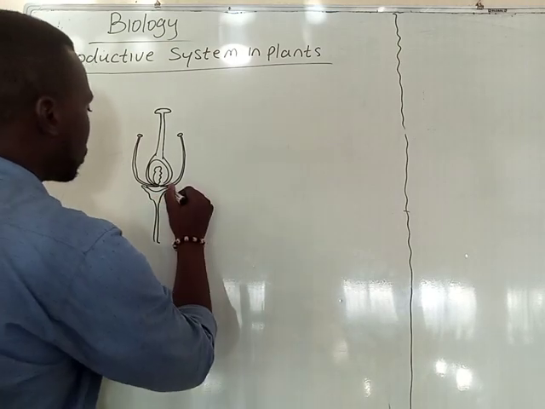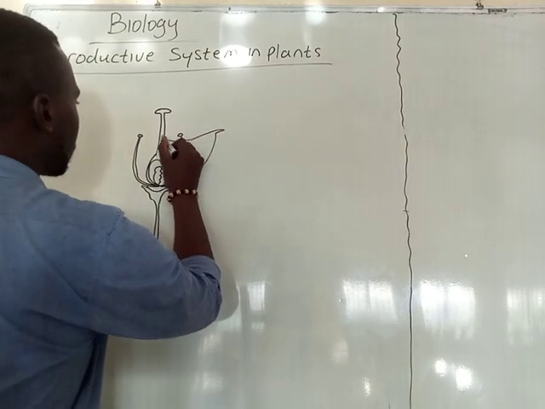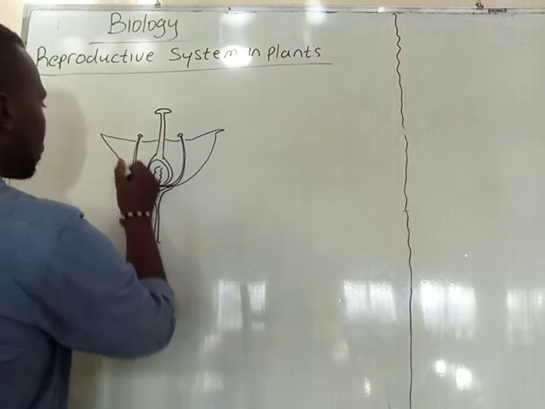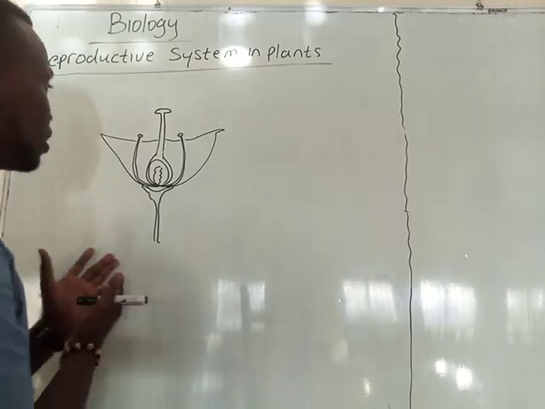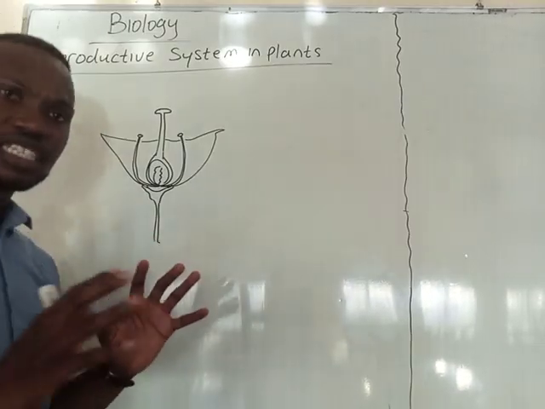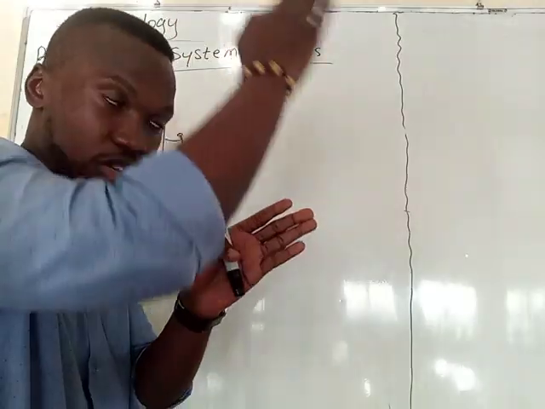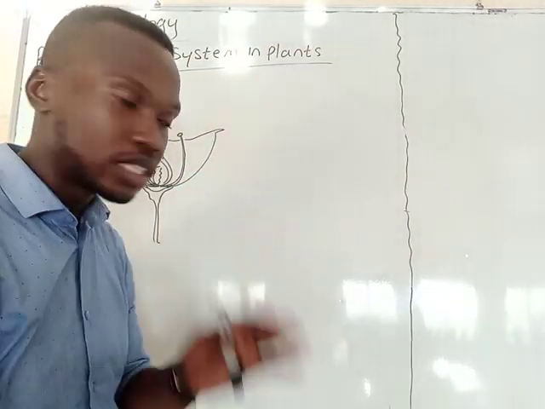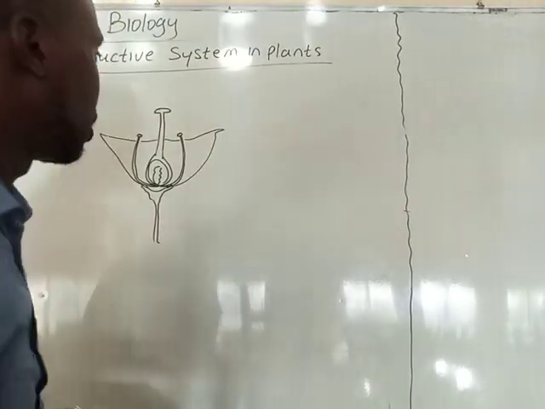We're almost done. Let's draw the petal. So this right here is the longitudinal section. Longitudinal is the half, like it's cut in perfect half. The longitudinal section of a typical flower, right here.